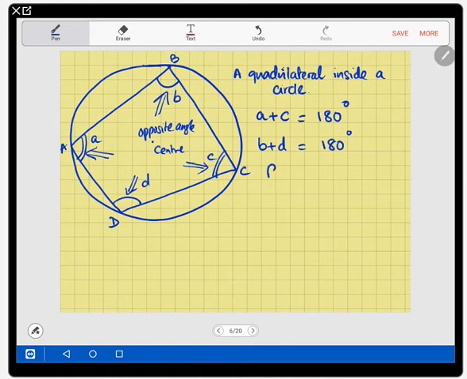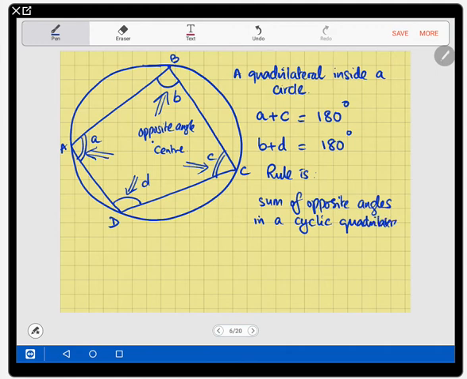So the rule is the sum of opposite angles in a cyclic quadrilateral is always 180 degrees.